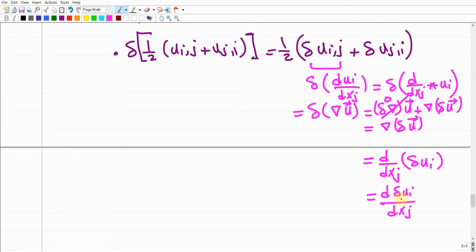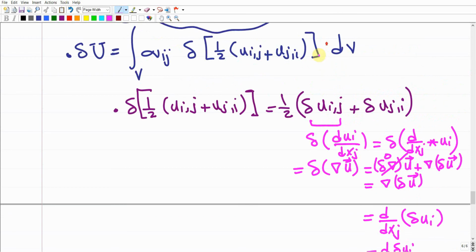You're just going to carry the delta over to the displacement directly. Then you have the derivative that should be multiplied times the other functions. This explains that this term we can get directly as d by dxj times the delta ui.